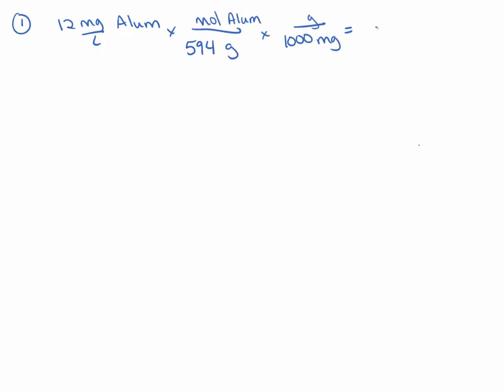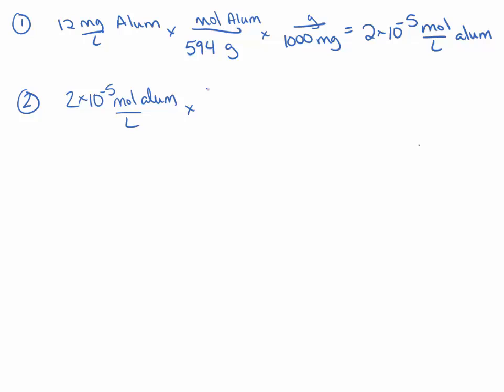So we start with 12 milligrams per liter of alum, and we know that alum has a molecular weight of 594 grams per mole. This gives us 2 times 10 to the negative 5 moles per liter of alum. And from reading the chemical reaction, we know that 6 moles of bicarbonate are consumed per mole of alum.